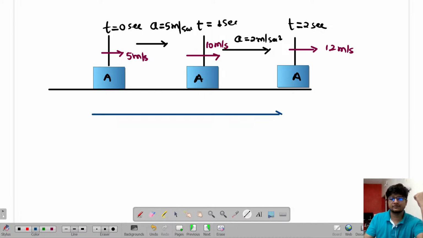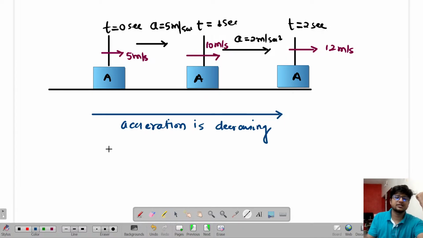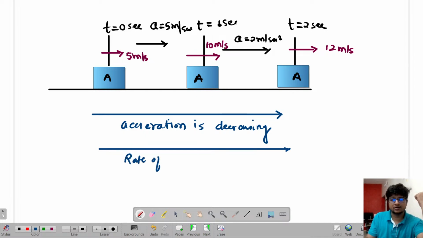From here to here I found that acceleration is decreasing. But does that mean the velocity decreases? No. This means that the rate of increase in velocity decreases.